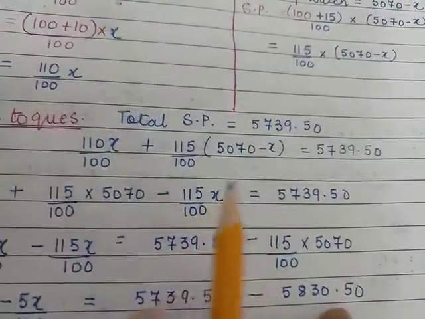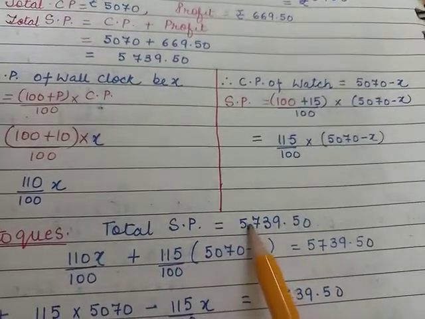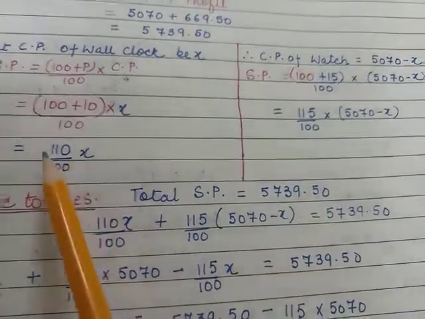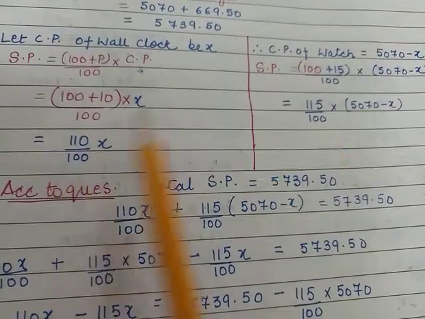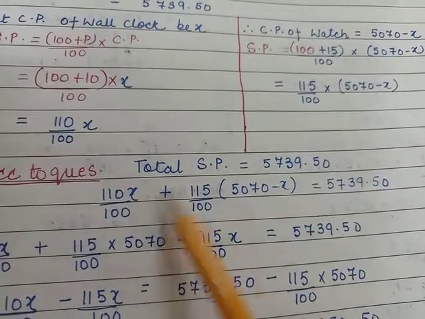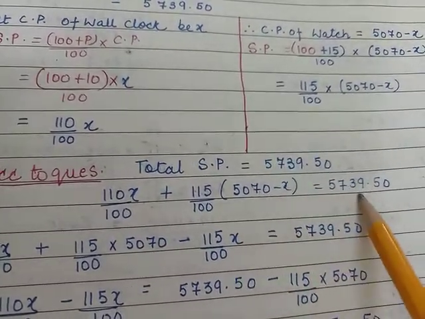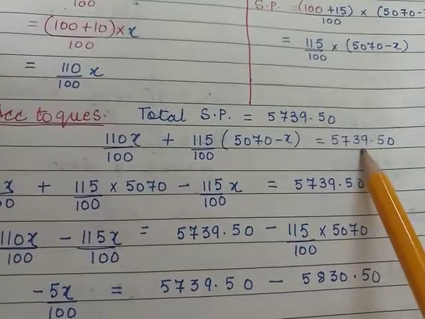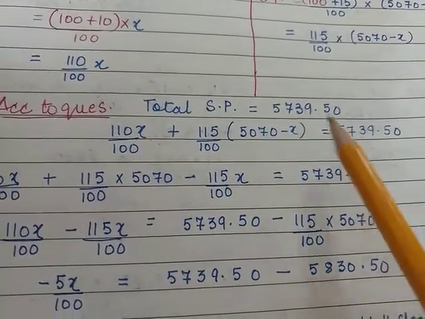Now we know the total selling price, as we calculated above, is 5739.50. According to us, the selling price for the wall clock is this and the selling price for the watch is this. So we add both. It should be equal to the total selling price. So we equate it to 5739.50.